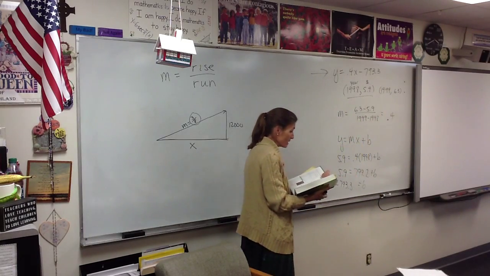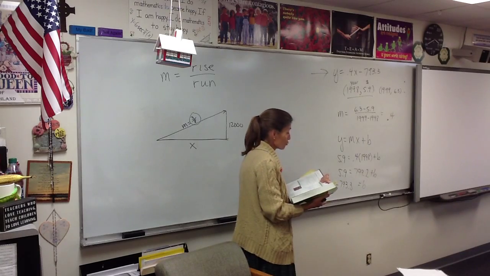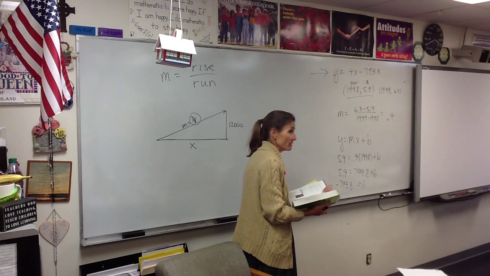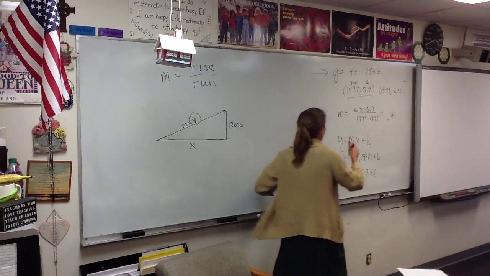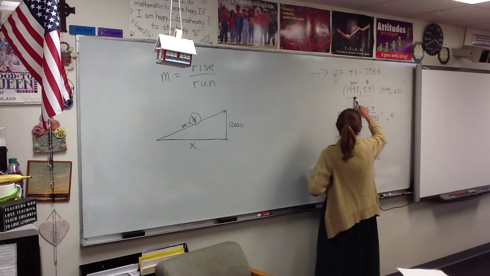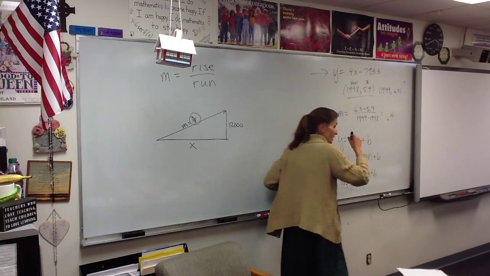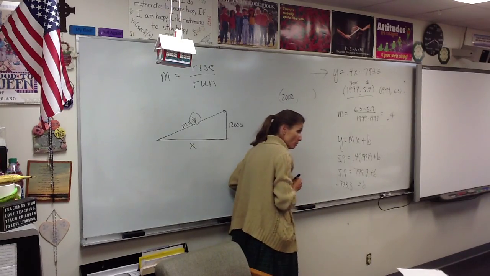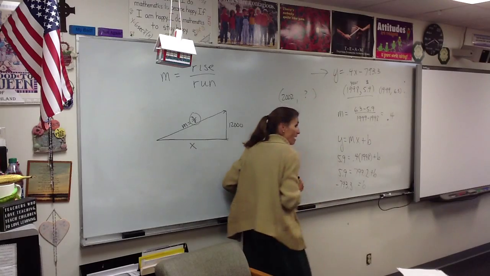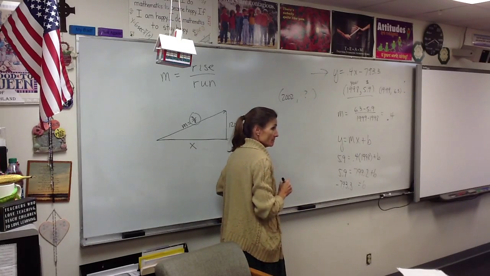Because it was $5.9 trillion. Trillion is so huge, but $5.9 trillion. So the ordered pairs represent the years and the money. Now they're telling me that the year is 2002, and they want me to find the money.